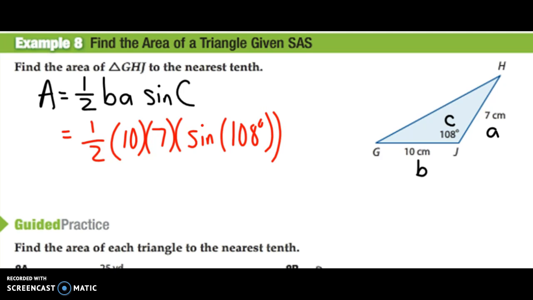I put that all in my calculator, and I find that the area is approximately 33.3 centimeters squared.